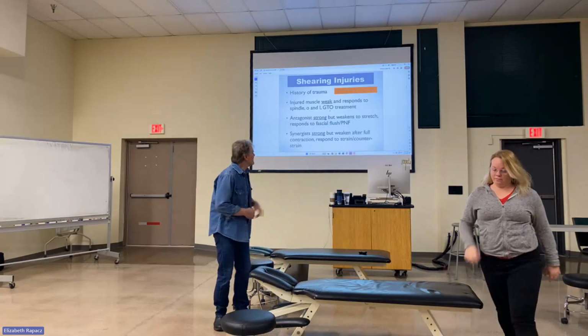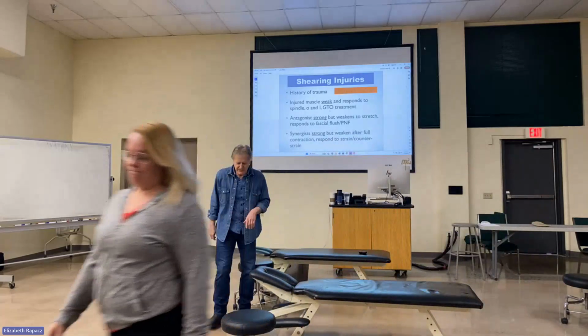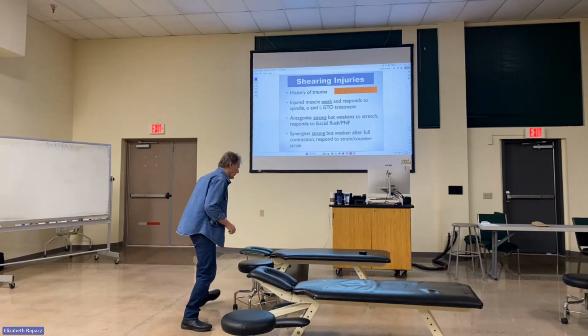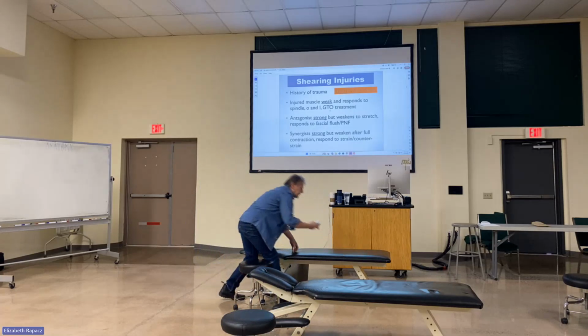Most of the time the shearing injuries are pretty common, but I guess not in this group today. Let's see where we're at. I want everybody to get a chance to stand up.